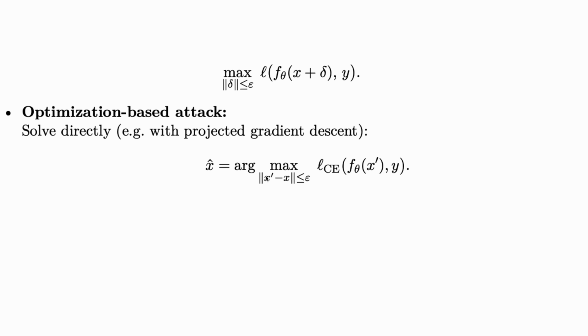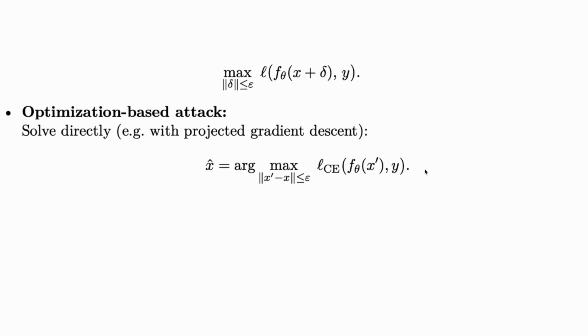So basically you want the norm of x prime minus x to be smaller or equal to epsilon. That's the same as saying delta is smaller or equal than epsilon. So there are two ways to solve that. Either your loss is the cross entropy loss of x prime, on one side you have the cross entropy loss, and on the other side, you want x prime to be close to x.